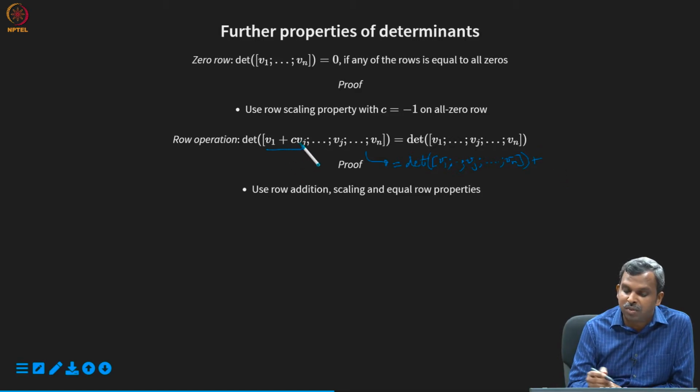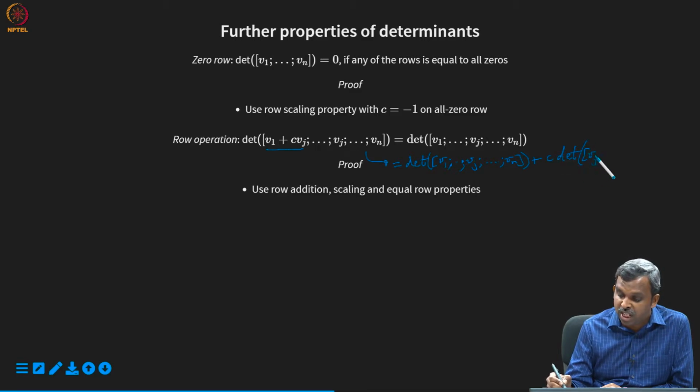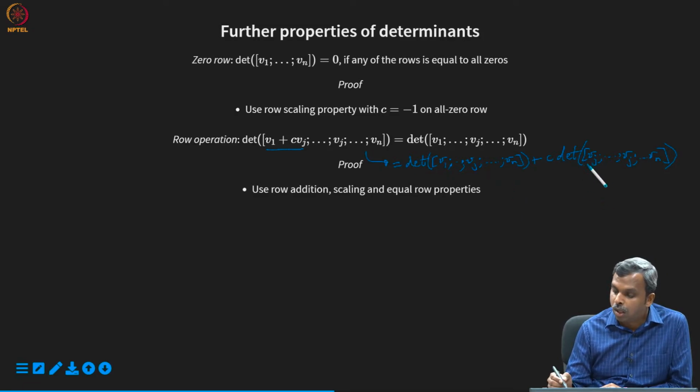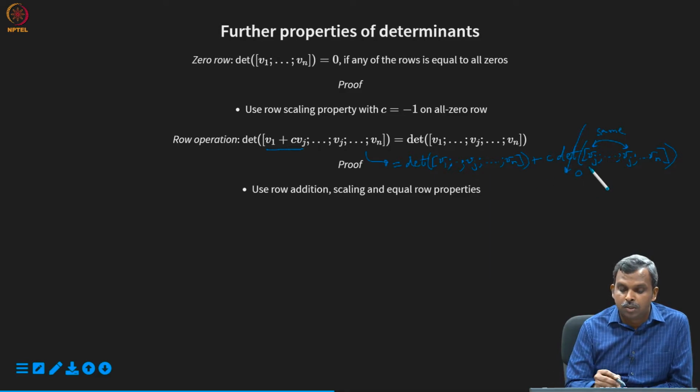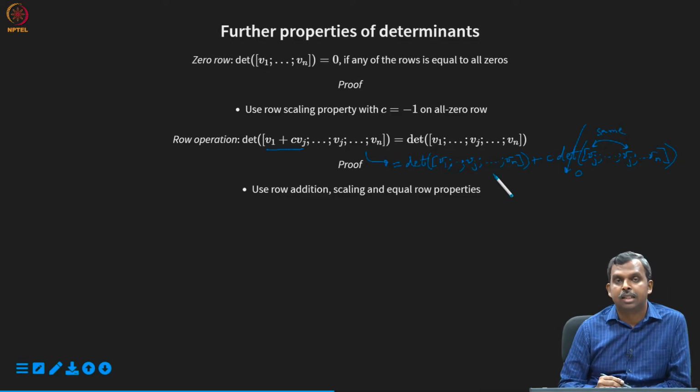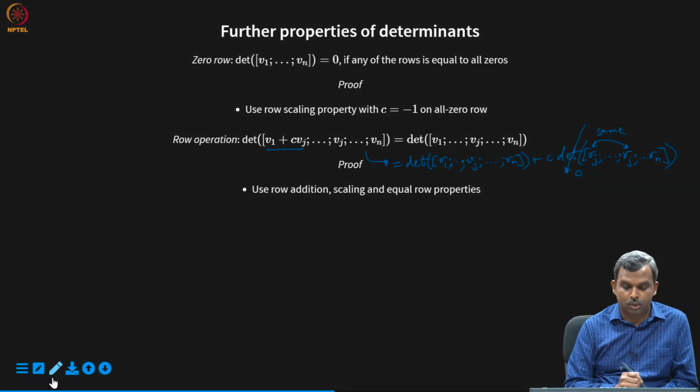Then you'll get c times vj here, and the c will come out: c times the determinant with rows vj, vj, ..., vn. Now here these two rows are the same. So if you have two rows the same, you have that last property of the determinant, so this whole thing goes to 0. So you see the determinant of this matrix is the same as the determinant before the operation. This row operation does not change the determinant. That's good to know.